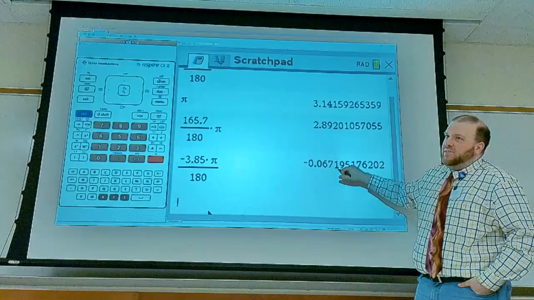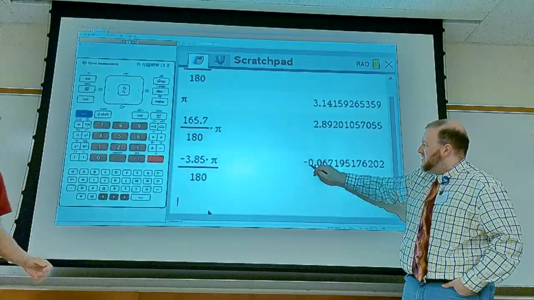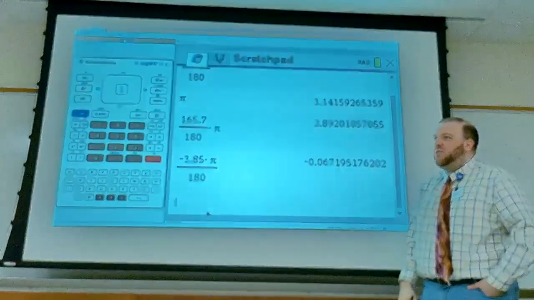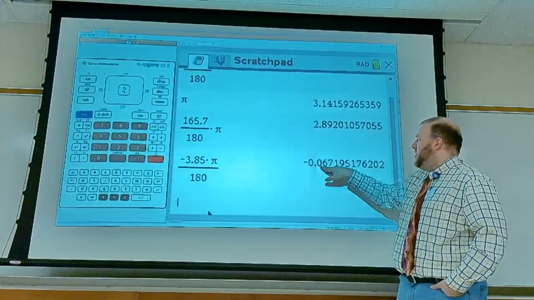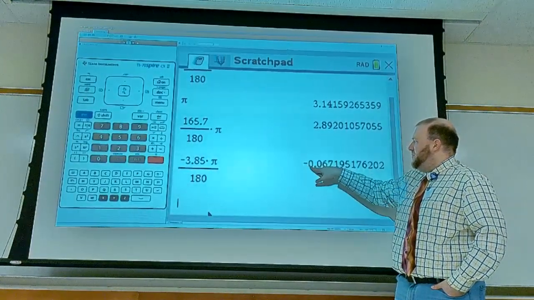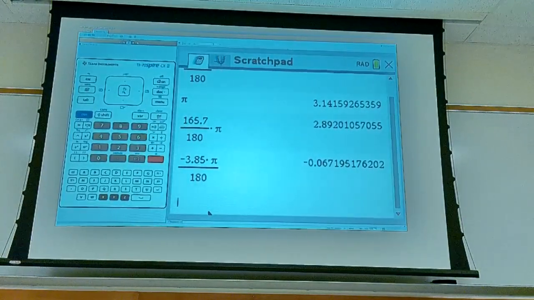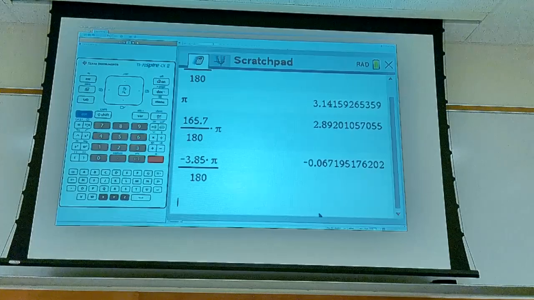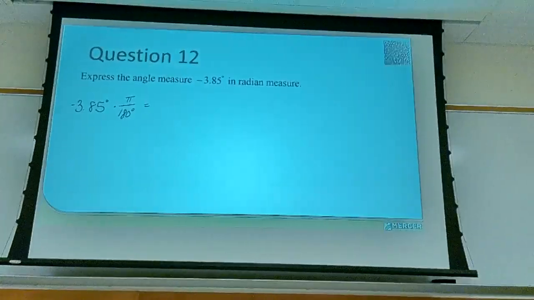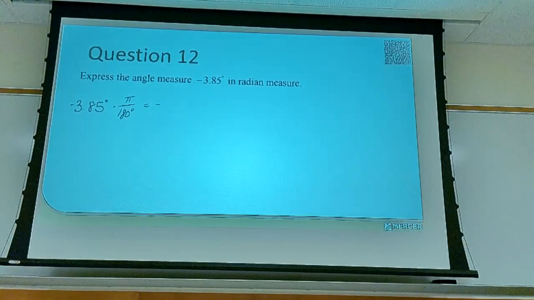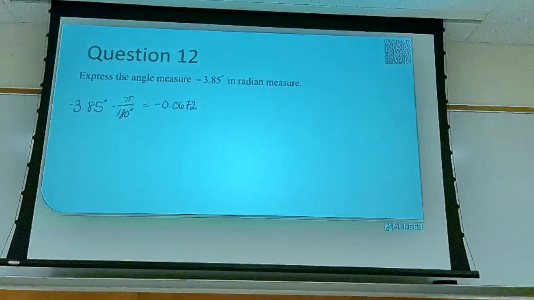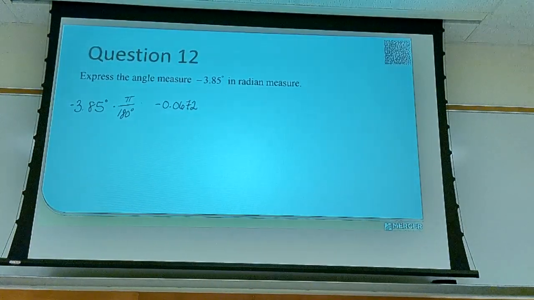And then how you write it, whether you include this 0 or not, that's entirely up to you. You can either do negative 0.0672 or negative .0672. They're the same thing. I tend to just write the 0 before a decimal.